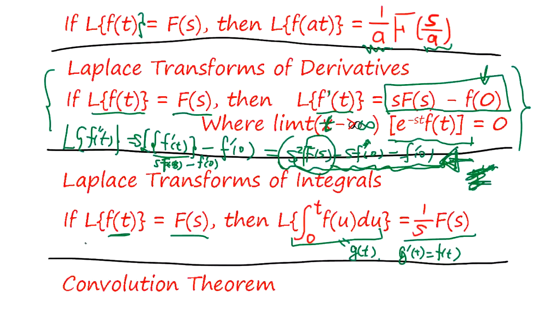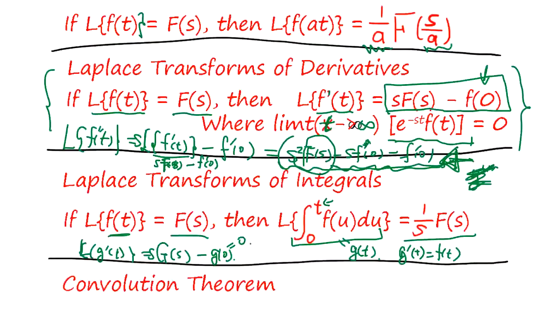So transform g(t) is going to be sG(s) minus g(0), which is 0 here, right?